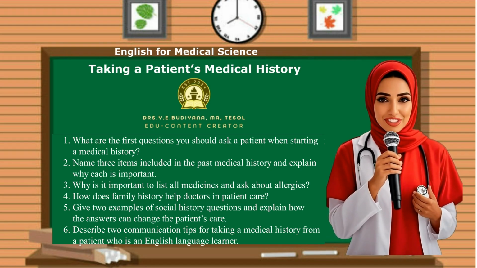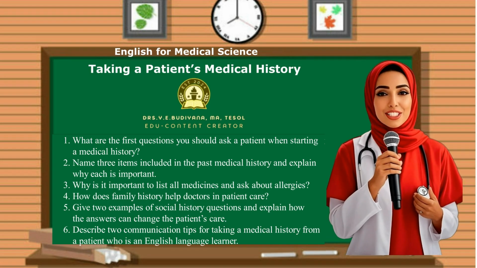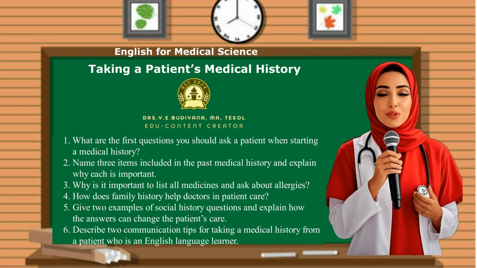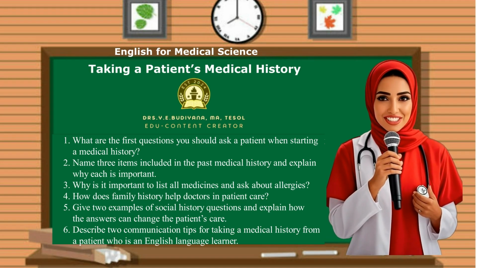Why is it important to list all medicines and ask about allergies? 4. How does family history help doctors in patient care? 5. Give 2 examples of social history questions and explain how the answers can change the patient's care. 6. Describe 2 communication tips for taking a medical history from a patient who is an English language learner.